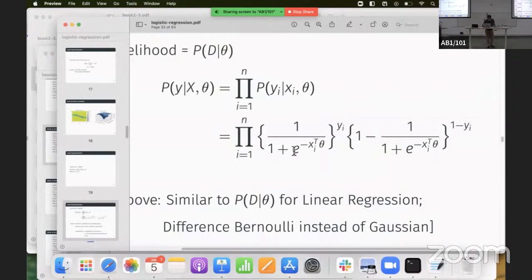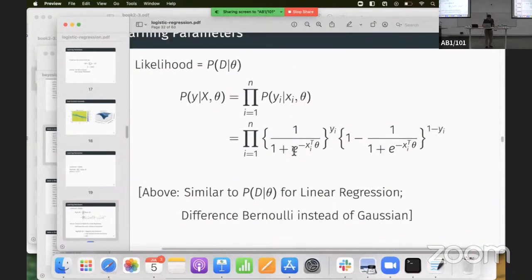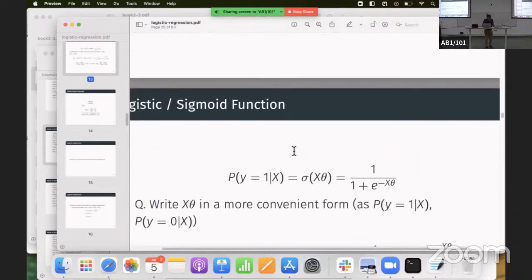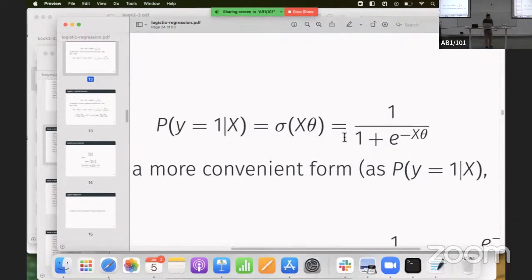In logistic regression, we'd written yi hat this way, right? Do you remember? Probability of y equal to 1 given an input x is sigmoid of x theta, equal to 1 over 1 plus e to the power minus x theta.